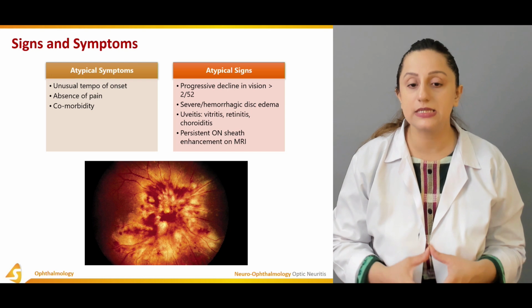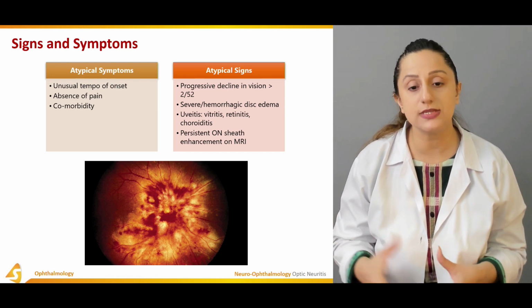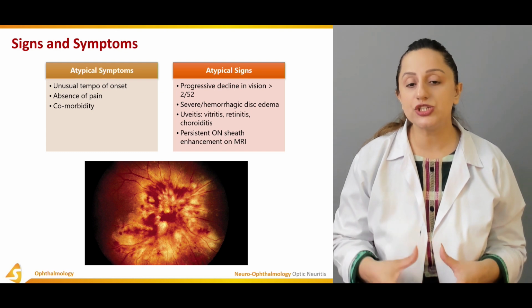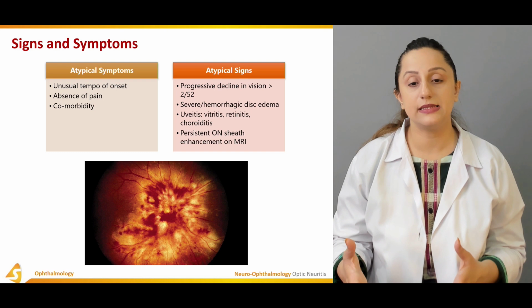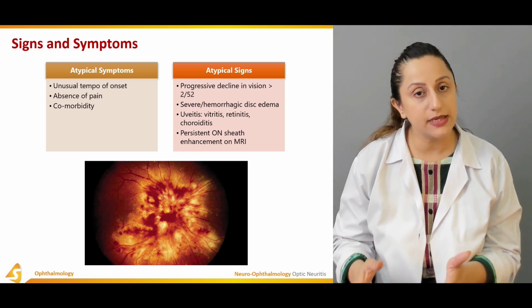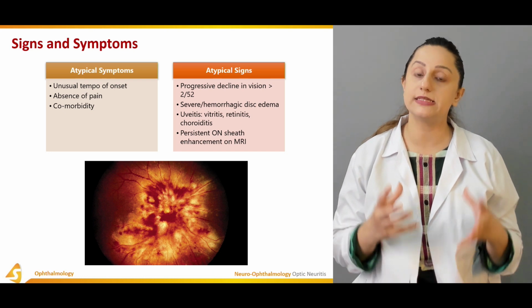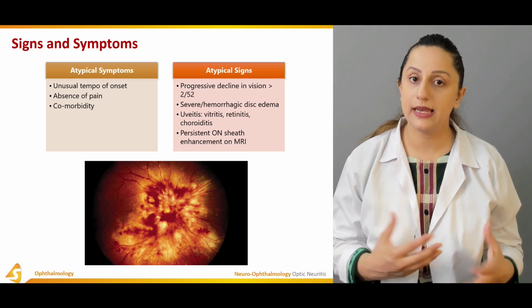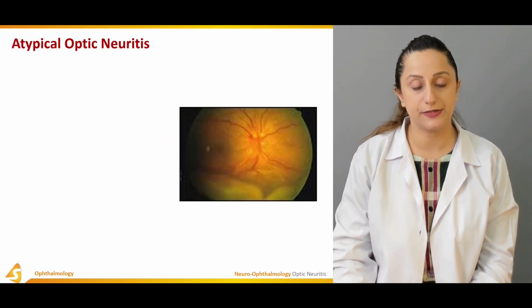Uveitis, vitritis, retinitis, choroiditis, all of these are sometimes associated features. Persistent optic nerve sheath enhancement on MRI. So all of these are basically the atypical signs, but they can sometimes be demonstrated in a lot of individuals, but we have to look for the typical signs in a typical patient of optic neuritis over here.